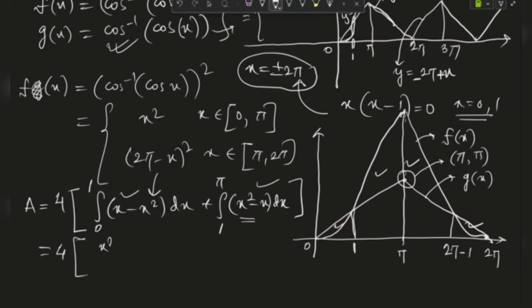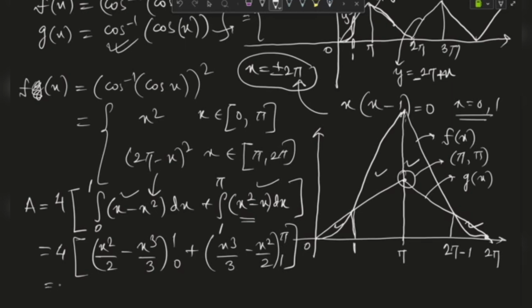So now we will calculate this. This is x squared by 2 minus x cubed by 3 from 0 to 1, plus x cubed by 3 minus x squared by 2 from 1 to pi. Now if we put the limits, we get half minus 1 by 3, the rest of it becomes 0, and for this we have pi cubed by 3 minus pi squared by 2, and if we subtract, this will be minus 1 by 3 plus half.